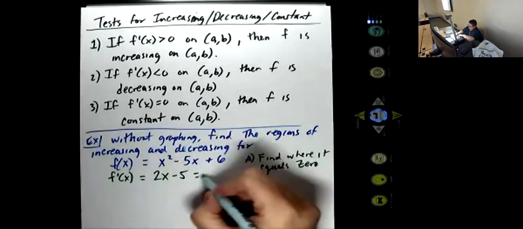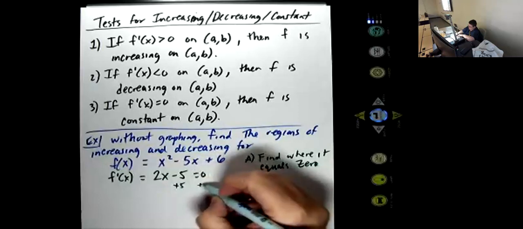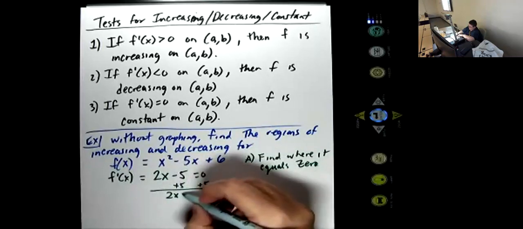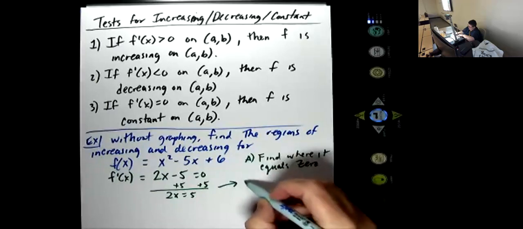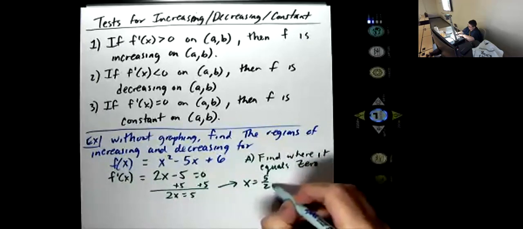So we'll set that equal to 0, and we get x equals 5 halves, which is 2.5.